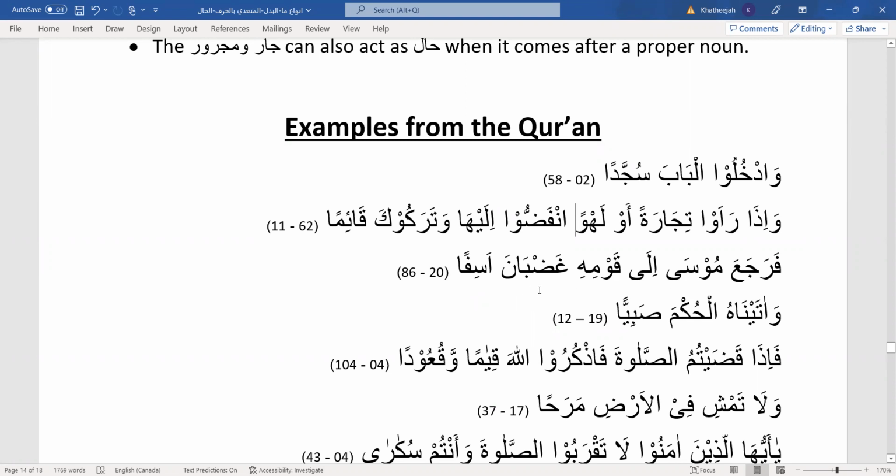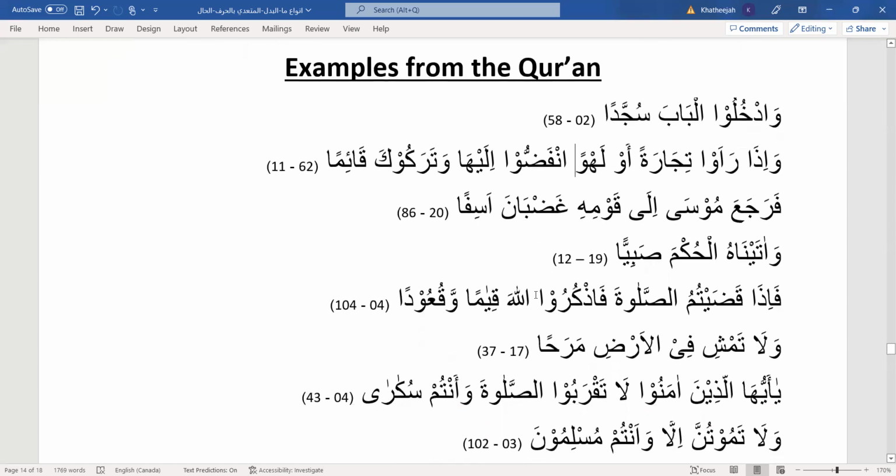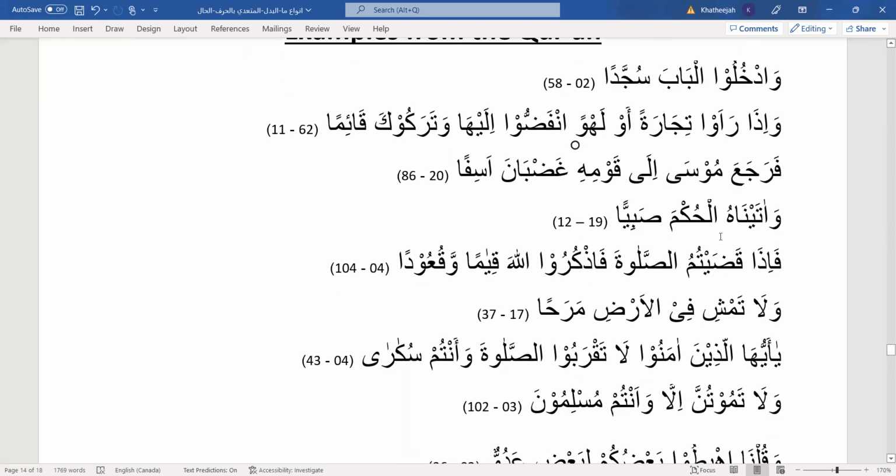So more than one hal can exist in a sentence. And the hal over here, you can see they are common nouns and they are mansub and they match with Musa in gender and number. Then وَآتَيْنَاهُ الْحُكْمَ صَبِيًّا, and we gave him the wisdom while he was a child, sabiyya. Ismu sifa is used here for describing the state of a maf'ul, or who.